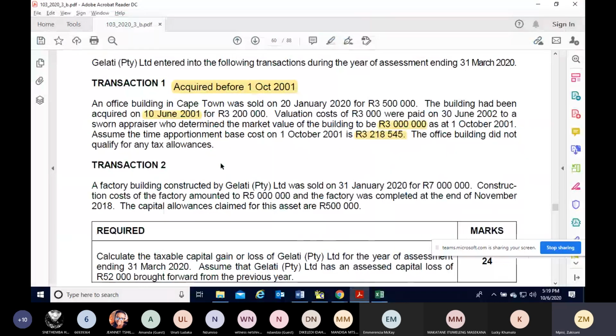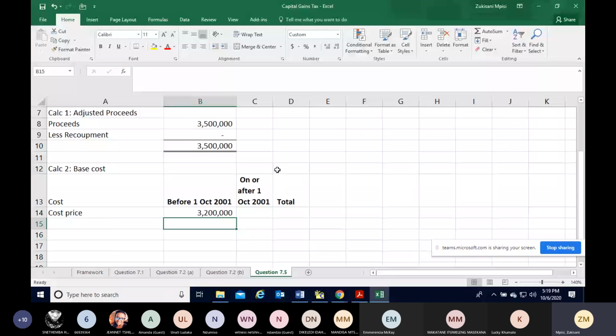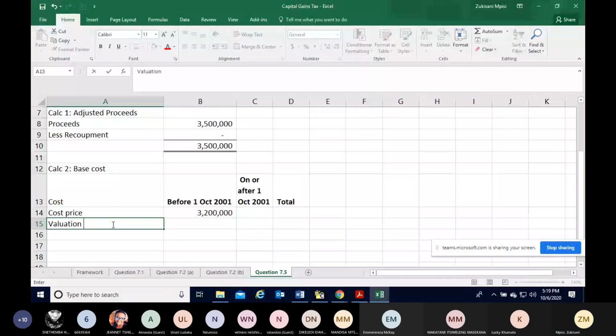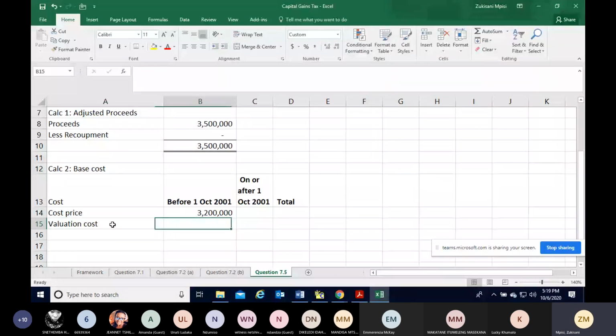Valuation date value was paid, so we've got valuation costs, and this was on the 1st of. Can everyone pick it when it was? It was after the 1st of October 2001, which is 3,000. Any other costs that were incurred?